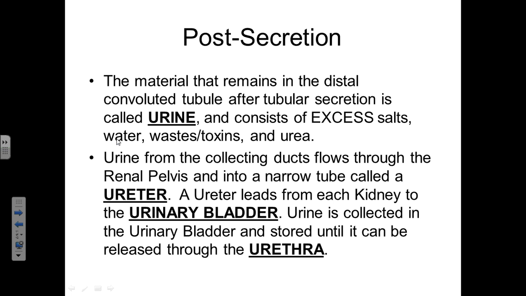And mostly what's in it is extra salts, sodium, sometimes potassium, depending on what you ate, extra salts that you don't need, some water, hopefully not too much, waste and toxins, and urea. Those are the things that would be in normal urine. Before I talk about this bottom part, I want to go back to the picture.